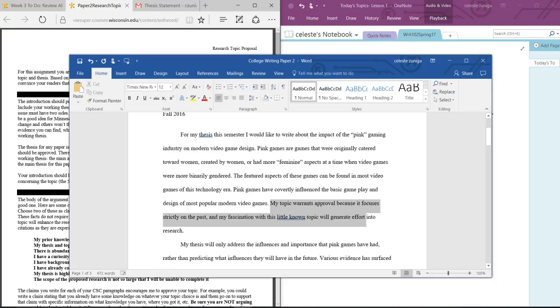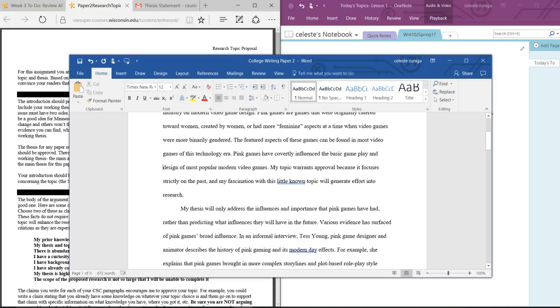Her main paper thesis: My topic warrants approval because it focuses strictly on the past, and my fascination with this little-known topic will generate effort into research. All right, so that was her My Topic Warrants Approval. Do you see how there's 2 different things here? So as you know, the main body of any research paper are the CSC sections, claim, support, conclusion sections.